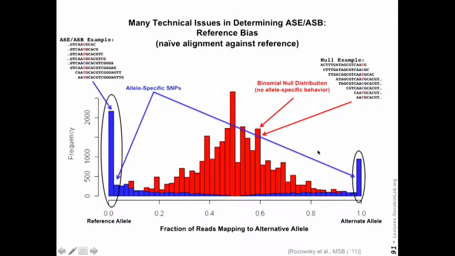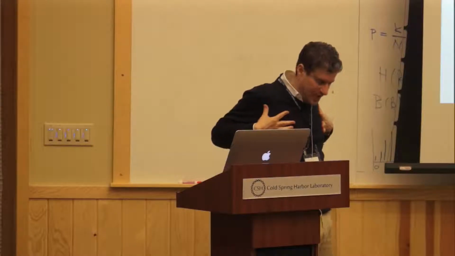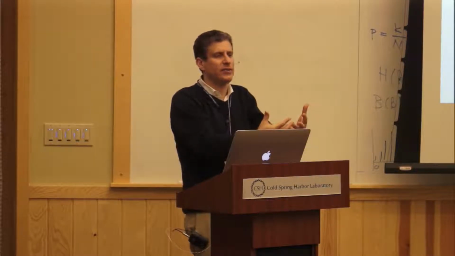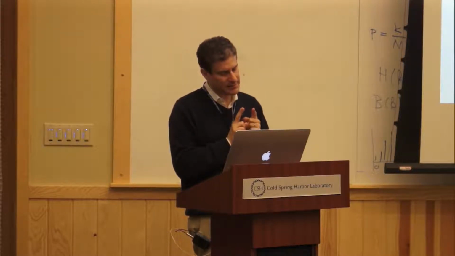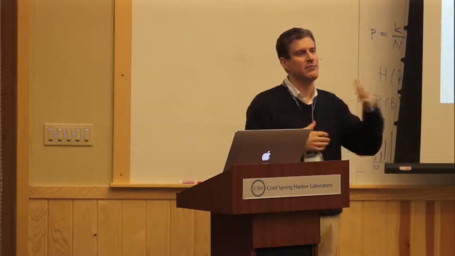The concept of reference bias is that, imagine you have reads from, say, me, and you map them back to the reference genome, and I have a heterozygous SNP at one position. For that heterozygous SNP, some of the reads are going to have the same sequence as the reference genome, others are going to be one base different. So there's always going to be a preference to map the read that's similar to the reference genome.